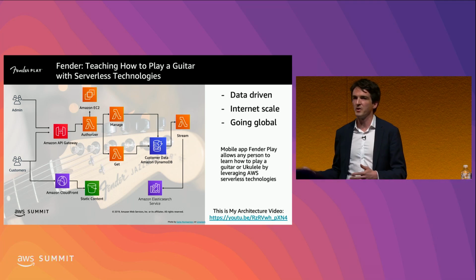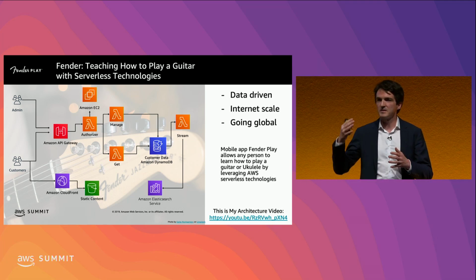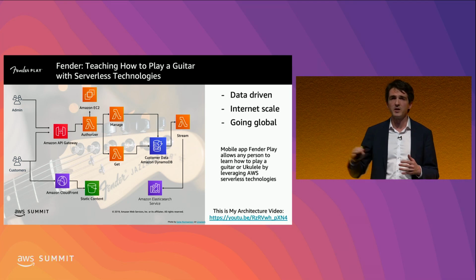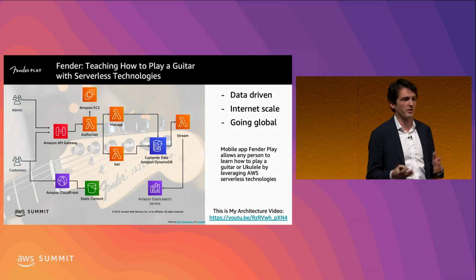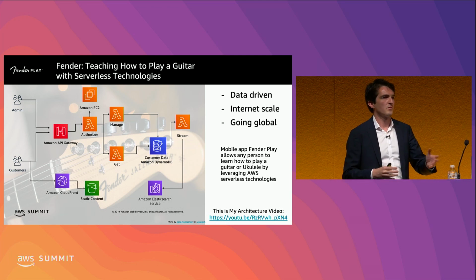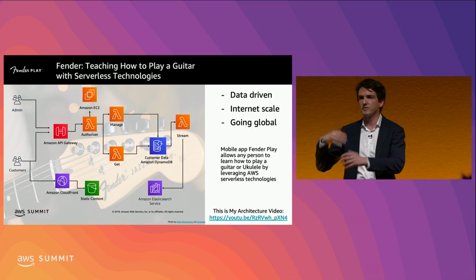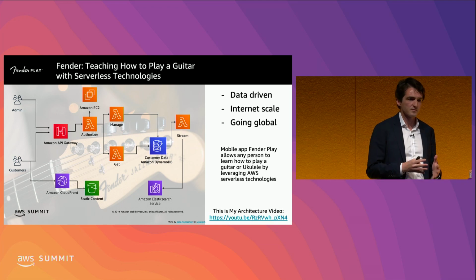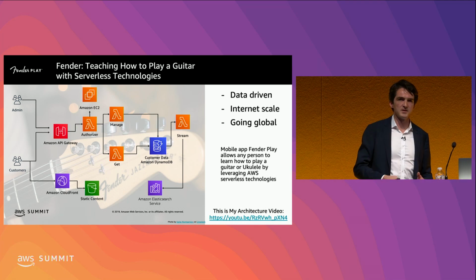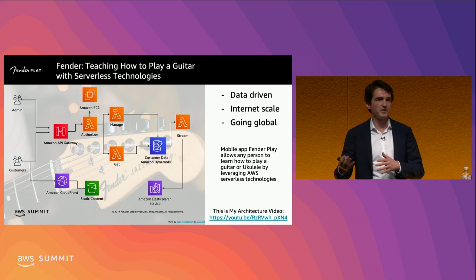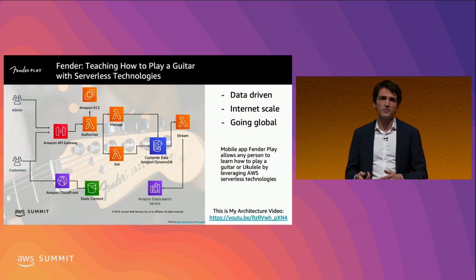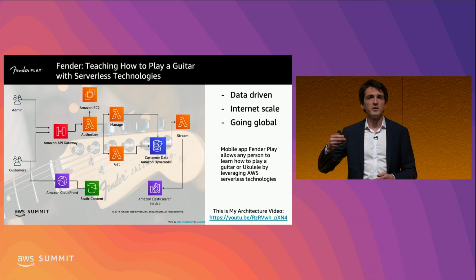They started to build this using the classic serverless stack with API Gateway, Lambda functions, and DynamoDB, which was working very fine for get me a new lesson, update a video, update a code, data. It works very well. But then they thought about other use cases, like searching for a specific artist or specific type of lesson, and DynamoDB was not designed for this.